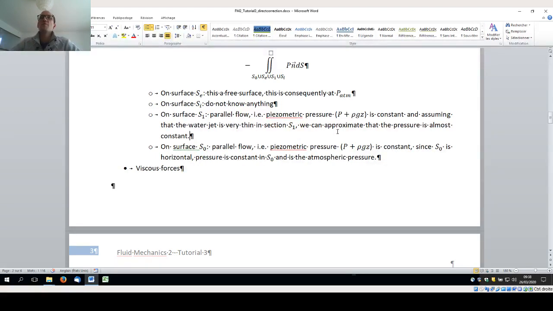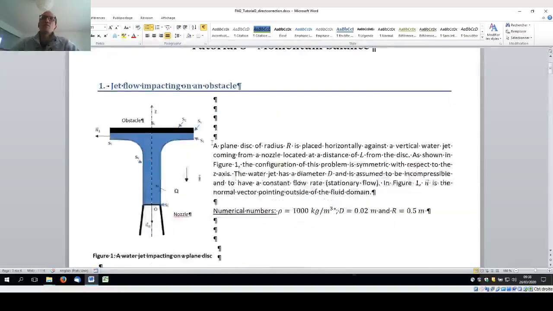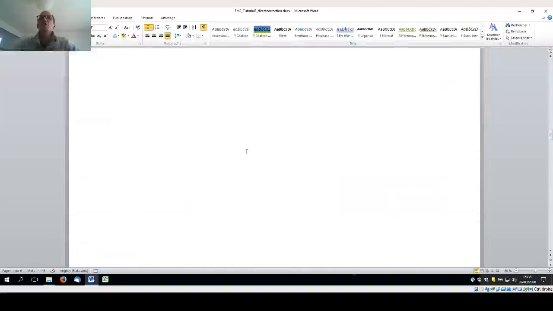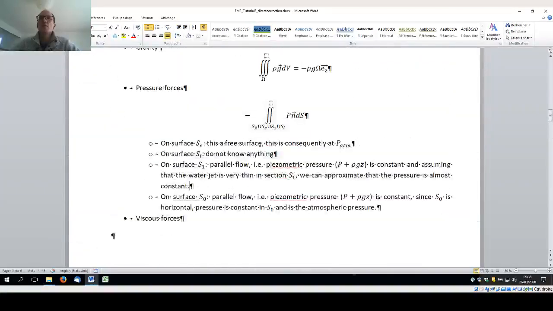And similarly to surface S0, surface S1 on one side is in contact with the atmosphere. So actually it is atmospheric pressure, continuity at the free surface.